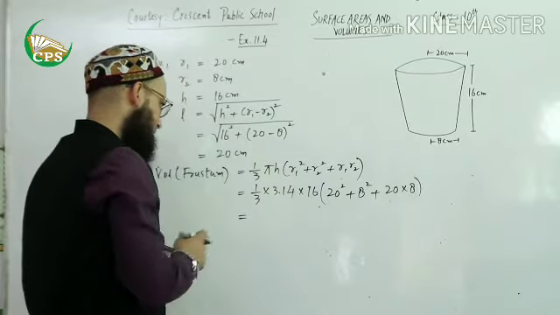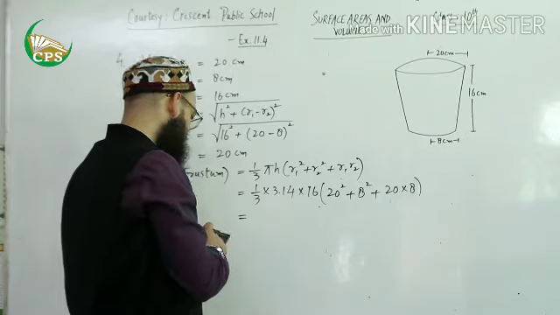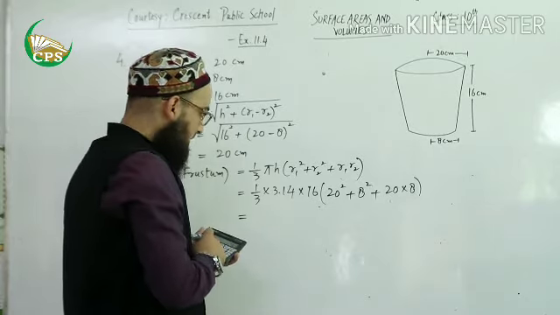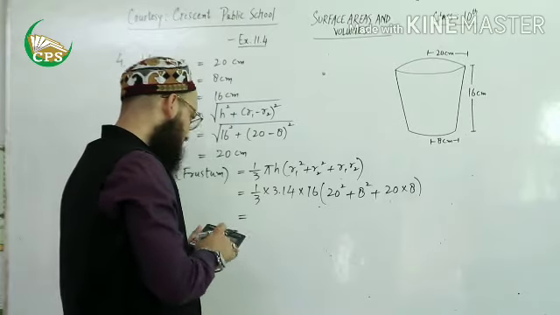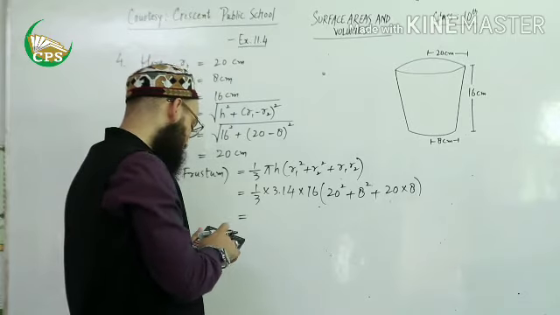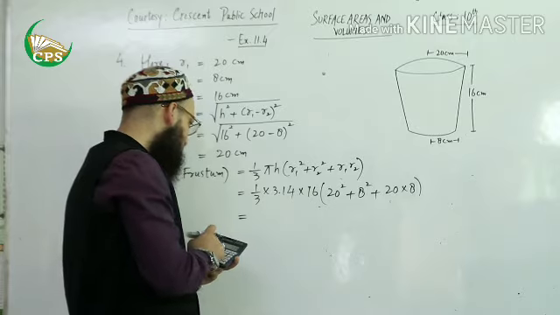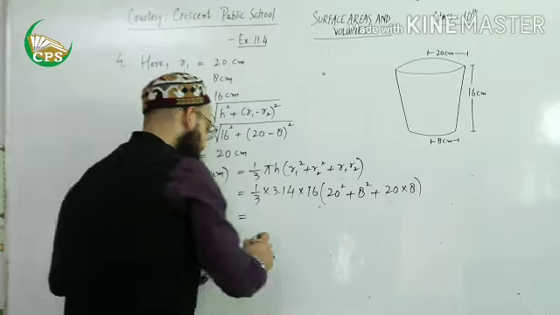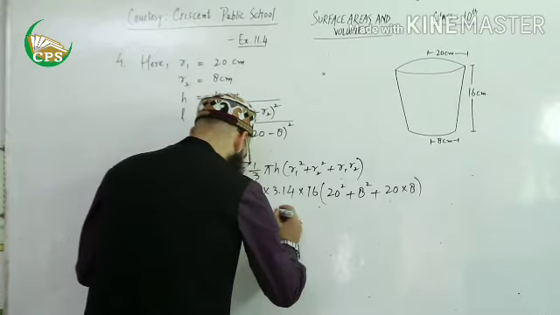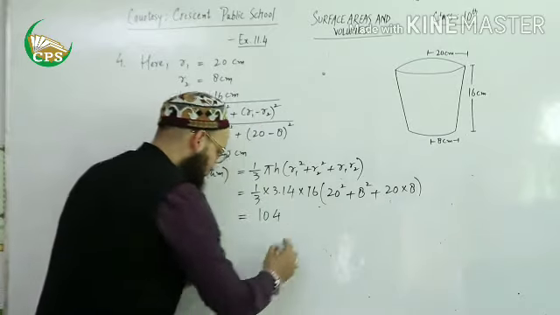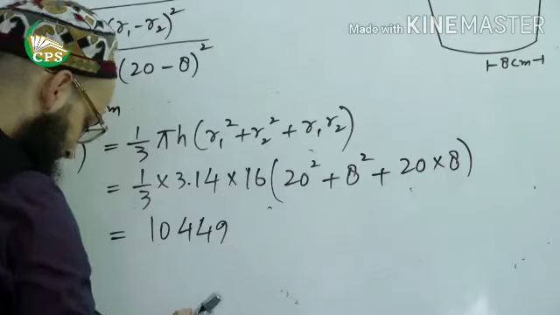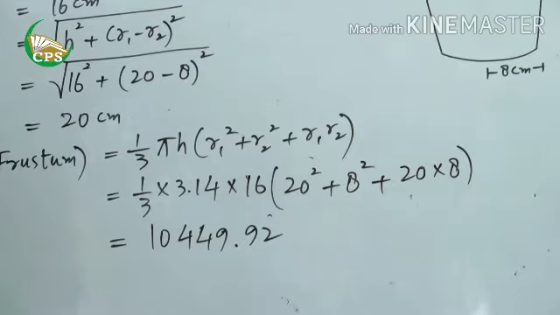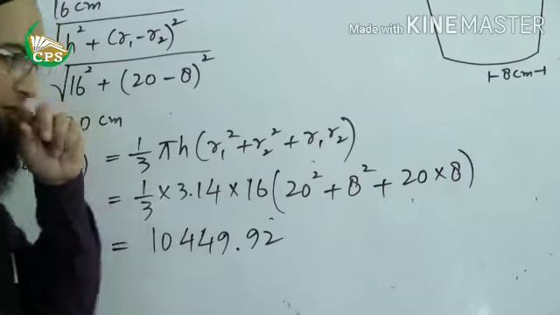You get 400 plus 64 plus 160, that is 624, then times 16, then times 3.14, then divided by 3. So you got 10449.92. Now it says rupees 20 per liter.